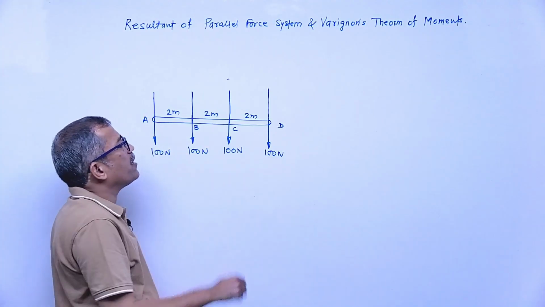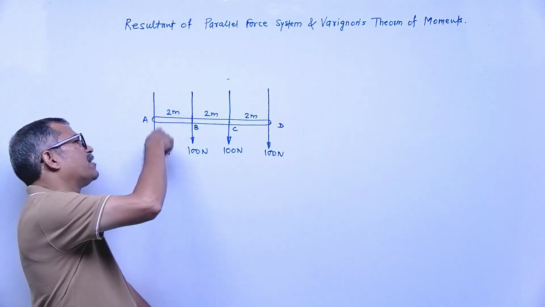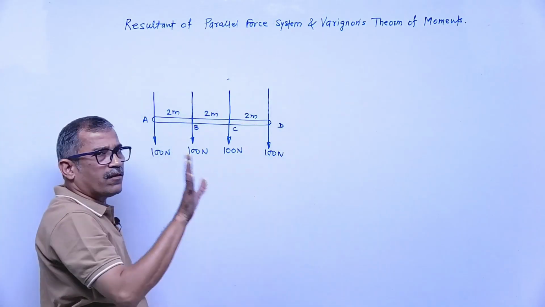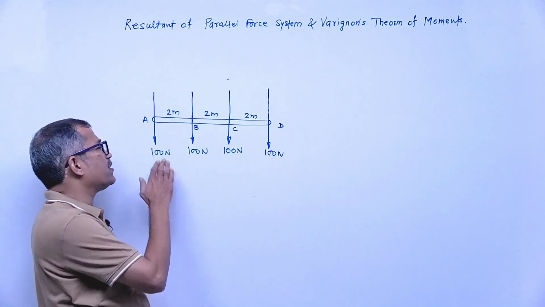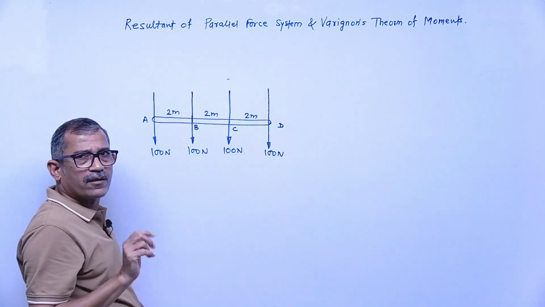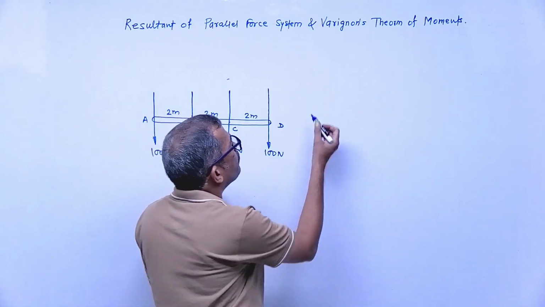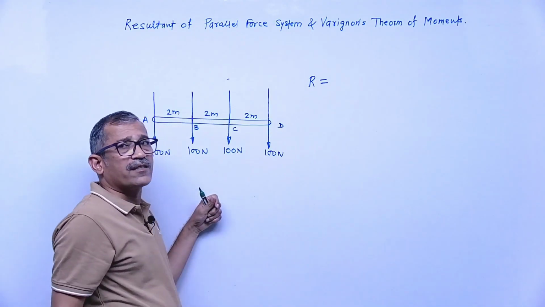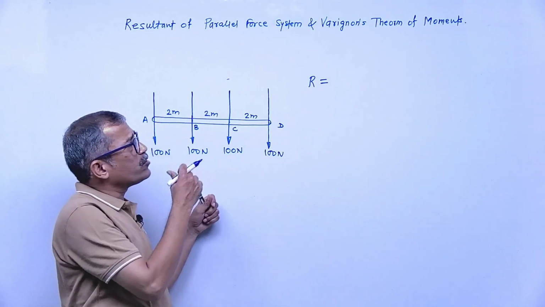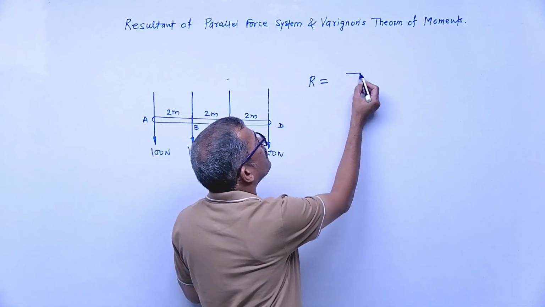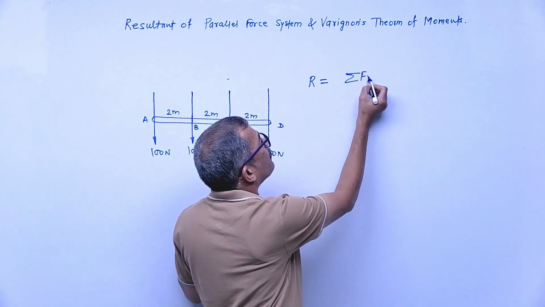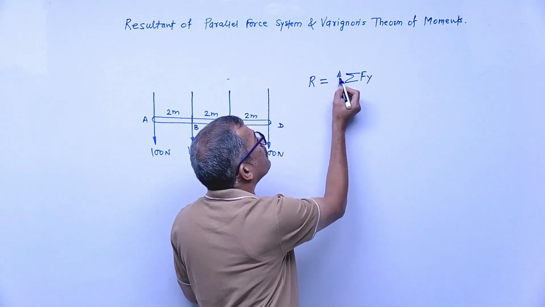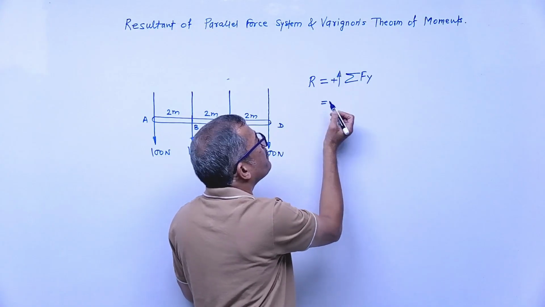So first you can try. See, all 100 are downward, so the resultant should be 400 Newton downward, correct? All forces are acting in the vertical direction, unlike the concurrent case where we got Rx, Ry, R theta; these are all vertical. That means R is simply the sum of all forces along the Y axis, assuming upward forces positive.